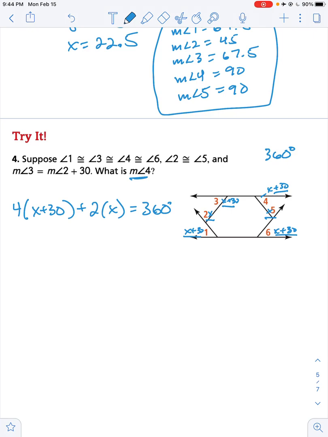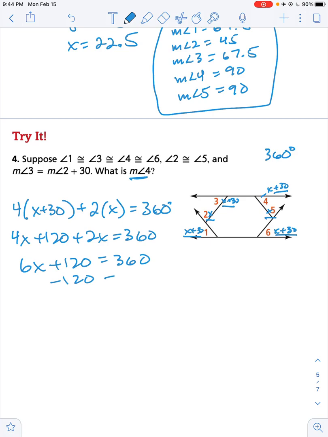Okay, so then let's go ahead and distribute this out. We have 4x plus 120 plus 2x is equal to 360, which means that we have 6x plus 120 is equal to 360. I subtract 120 from both sides, and I end up with 6x is equal to 240.